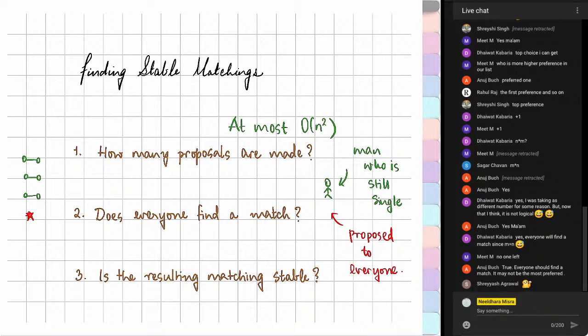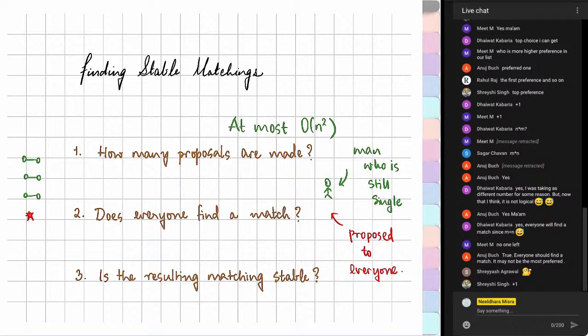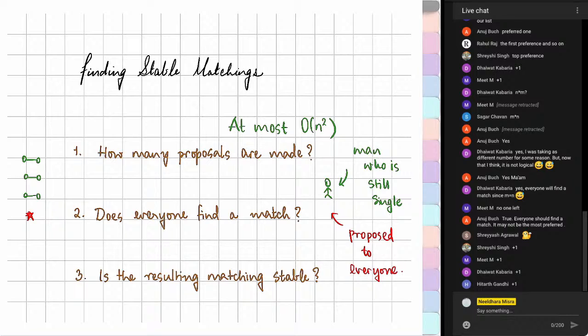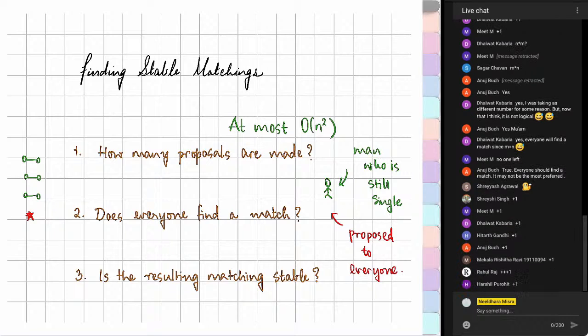That is to say that everyone finds a match and the algorithm terminates in quadratic time. Okay, awesome. So I think it's great that we are making sense so far.